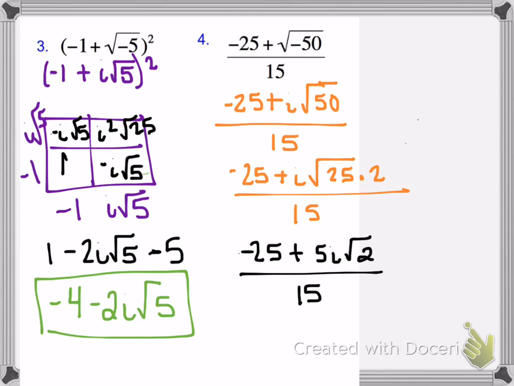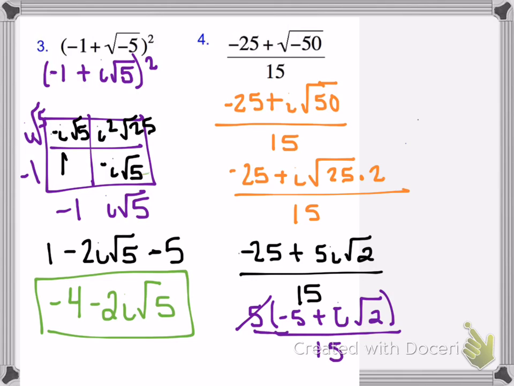So when we factor a 5 out, I get 5 times negative 5 plus i, square root of 2, and then divided by 15 still. Now that 5 and 15 can be reduced, so I'm going to cross off that 5, and this 15 becomes a 3. Reducing my fractions, that's all I just did right there.